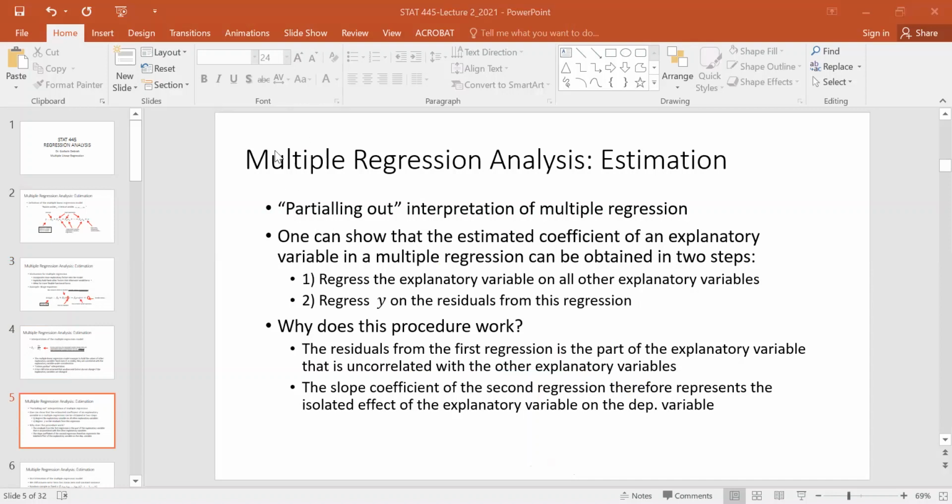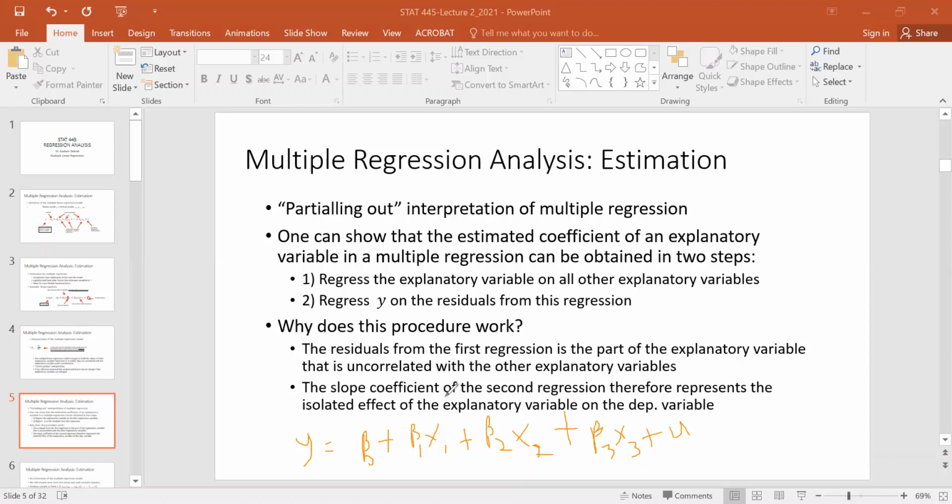Okay, let's take another example. Let's say I'm supposed to run a regression of y equal to beta 0 plus beta 1 x1 plus beta 2 x2 plus beta 3 x3 plus u. I'm interested in beta 1. So instead of running this long thing, 2 steps can be used.